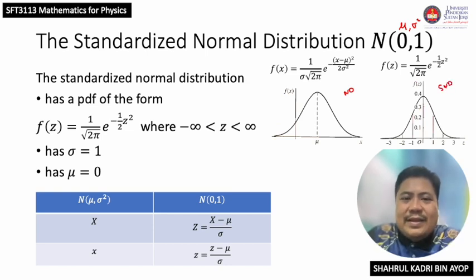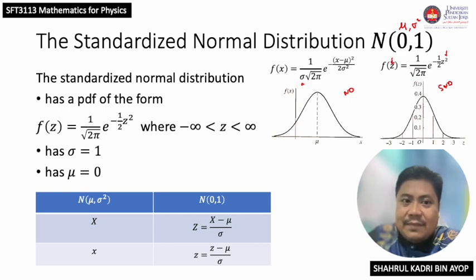In the standardized one, you can see sigma is equal to 1, that's why we don't have the standard deviation. Mu is equal to 0, so we don't have mu. And now we have z.